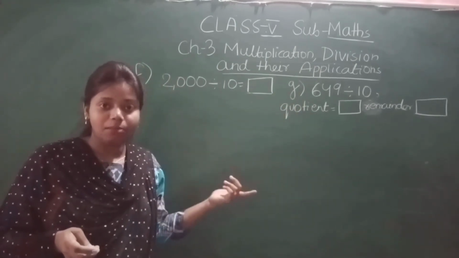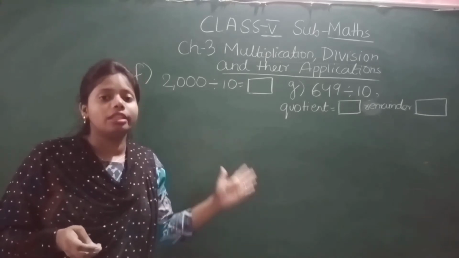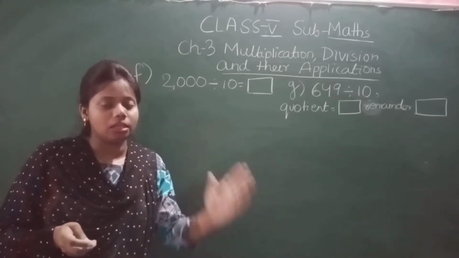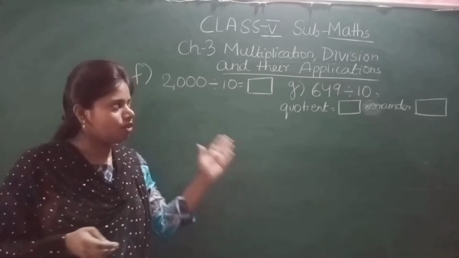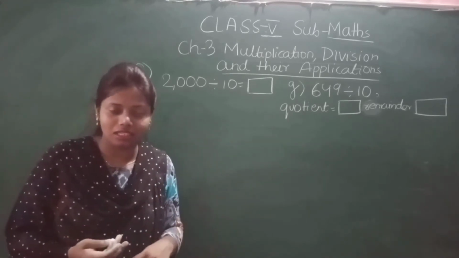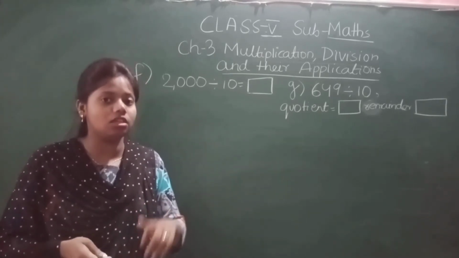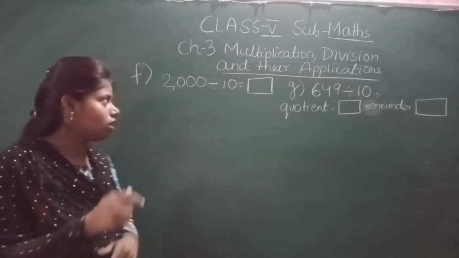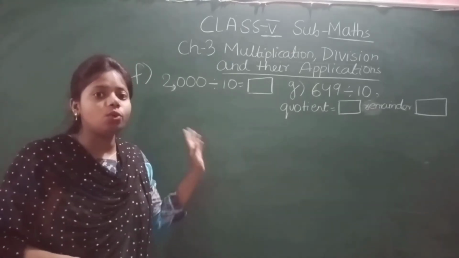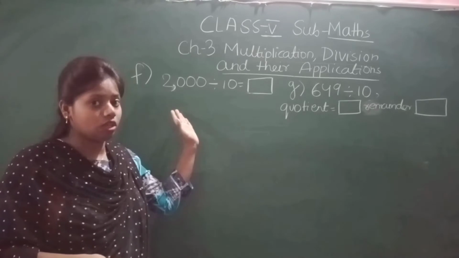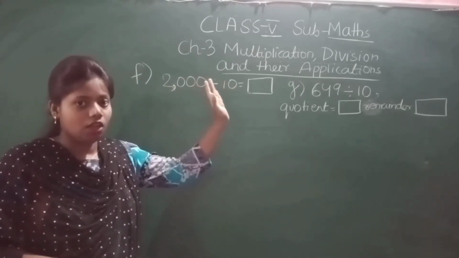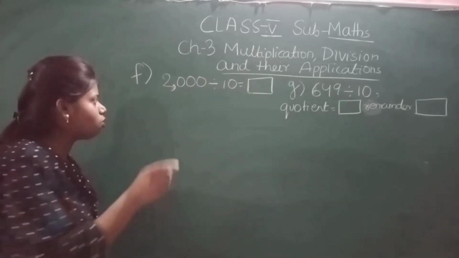Okay, now like in multiplication I told you about multiplicand, multiplier, product, in the same way in division also, divisor is there, dividend is there, quotient is there, and remainder is there. Okay, now see how we have to divide 2000 by 10, and we have to fill this box. Now how to do it?